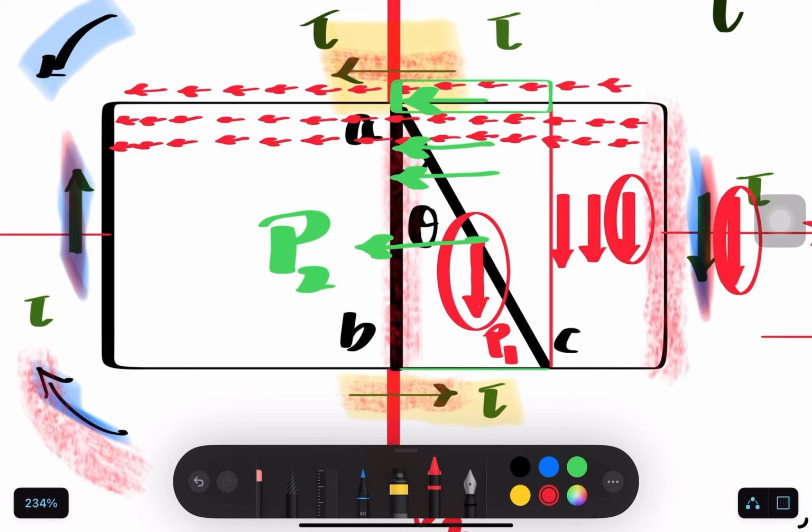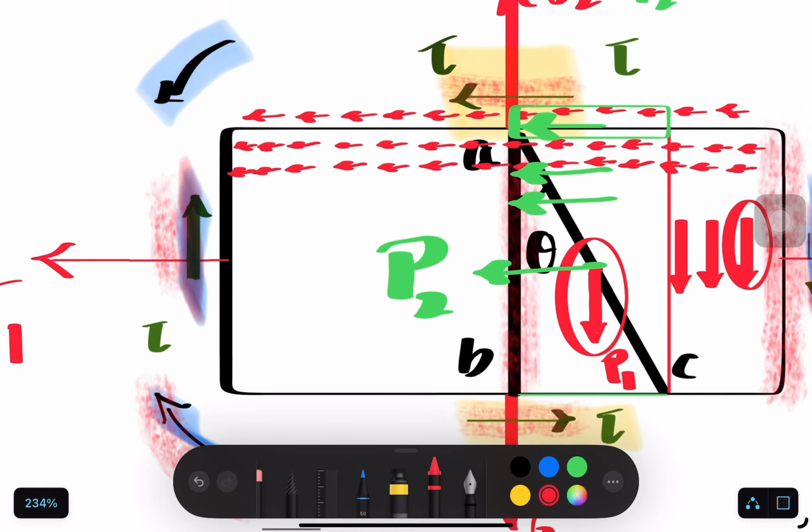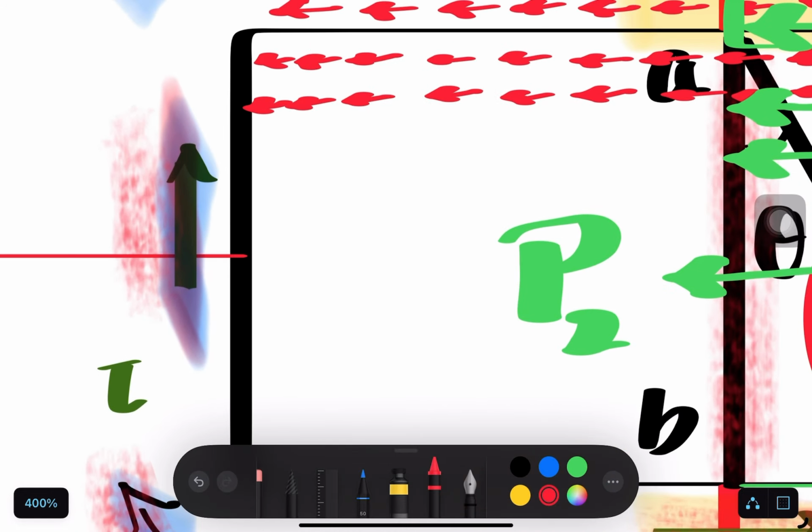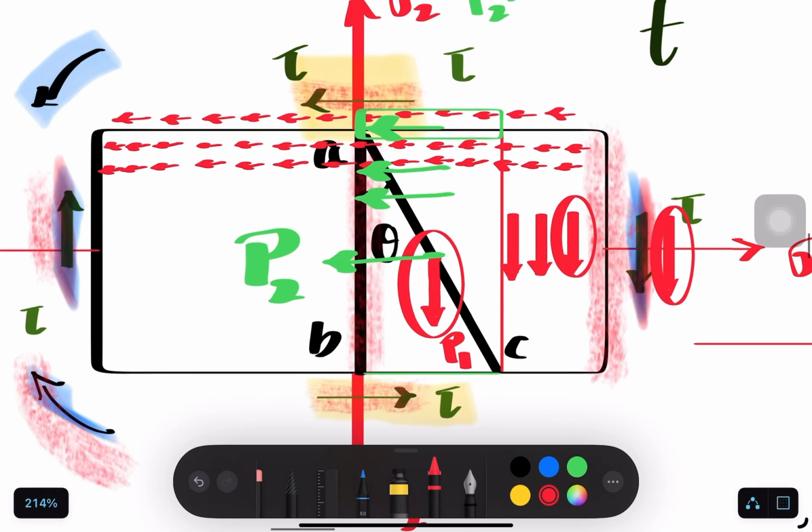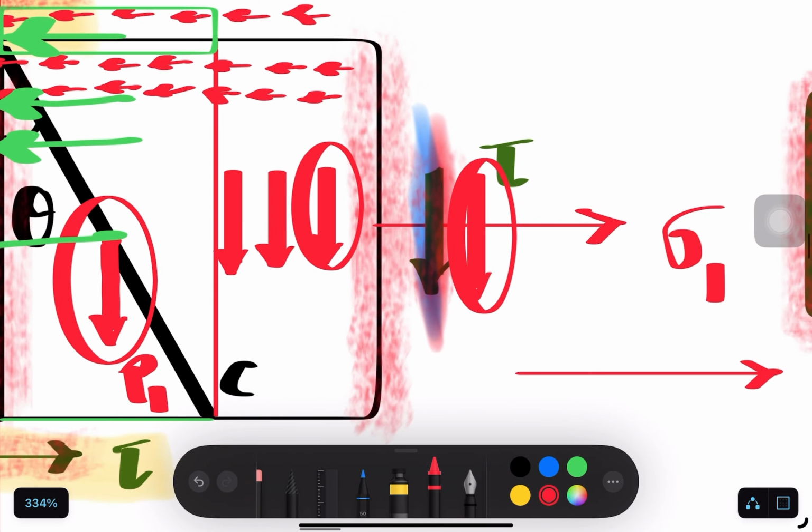The restoring couple manifests because of the two complementary shear stresses acting on the left side. Let me zoom that up a little bit. Also on the right side, these two are complementary shear stresses. Fine. Now let us try to find the expression and build the mathematics.